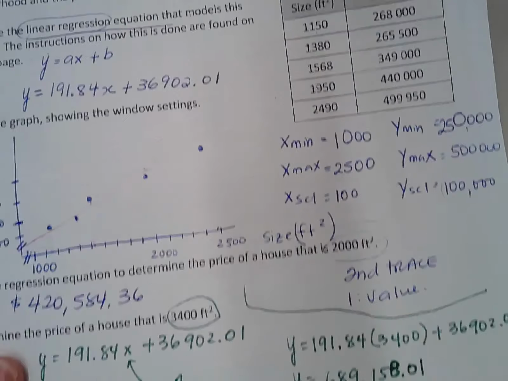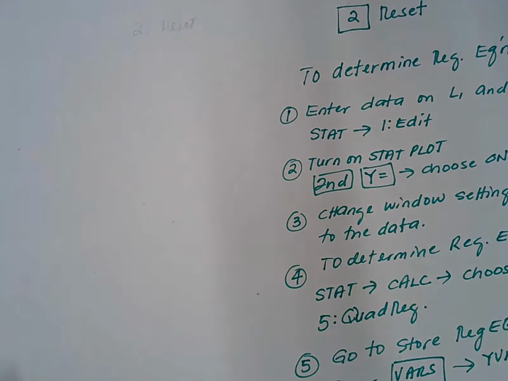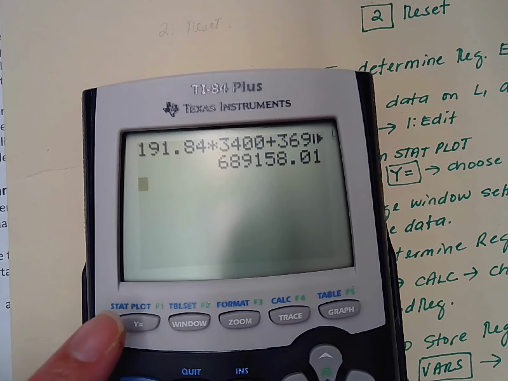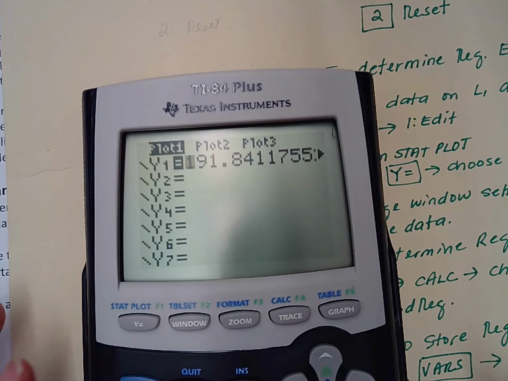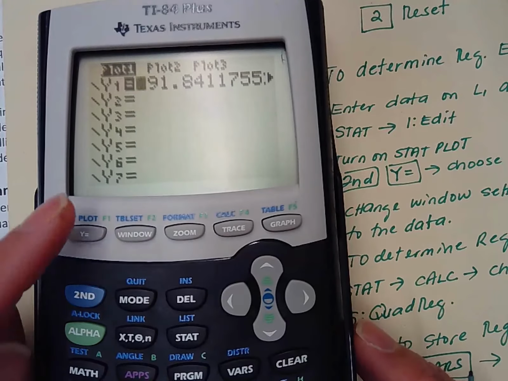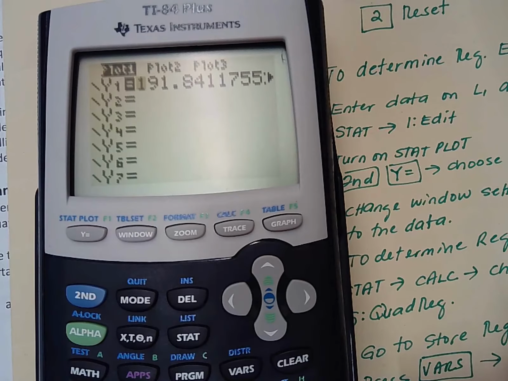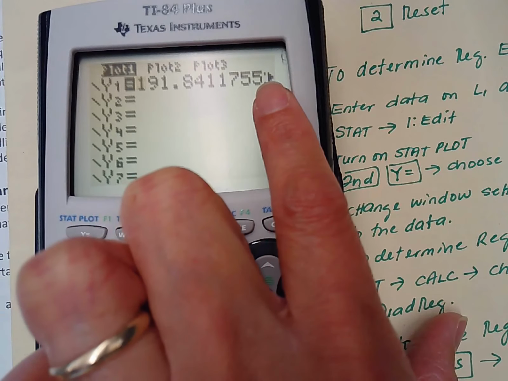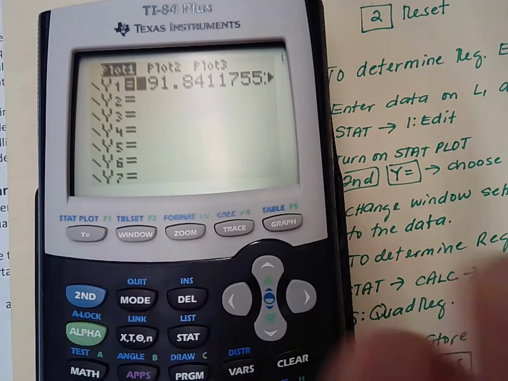Okay. I'm going to show you how to do that on a calculator. Remember, we have the equation. Go ahead and press y equals. What do you notice there? It has the equation. Why is the equation there? Because that's where it's saved.